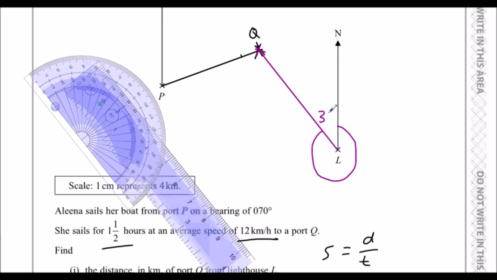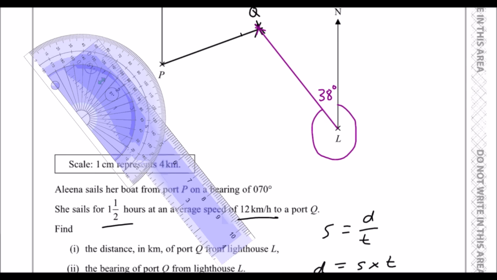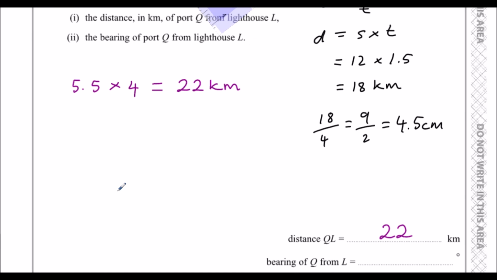So 38 degrees in there. So our bearing is going to be 360 take away 38, which is 322 degrees.